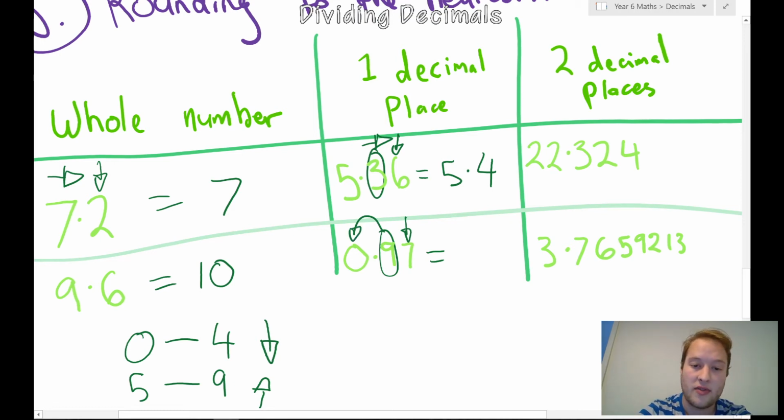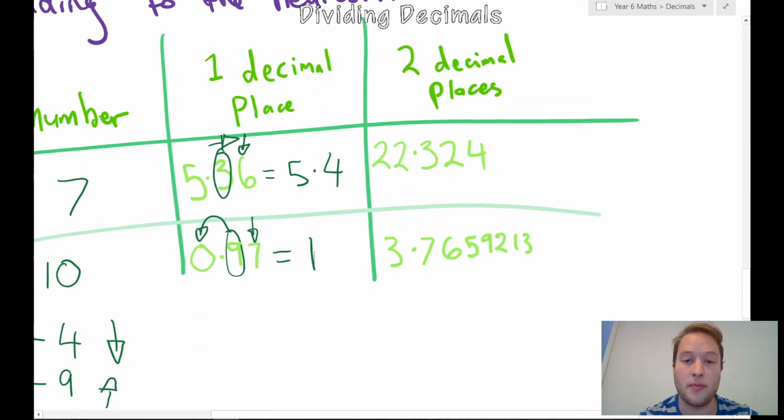So instead of writing 0.10, I can't do that because that doesn't work. The 9 becomes a 0, and that 10 is now in my 1 section. So it's now 1.0, or I can just write it as 1, because if there are no other decimals after the decimal point, it's just zeros, I can ignore them.